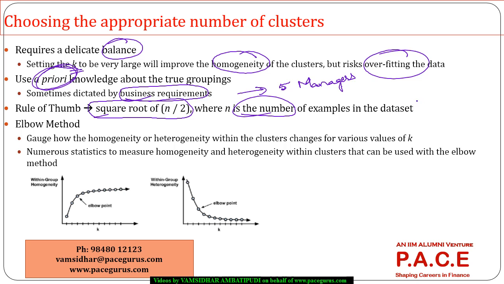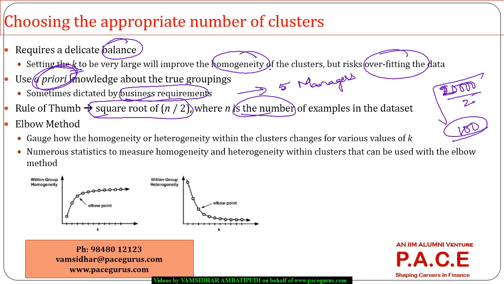If the number of examples is quite high, let's say 20,000, then 20,000 by 2 and its square root makes it 100 clusters to be created. So sometimes when the data is very large, this kind of classification could be a problem altogether.